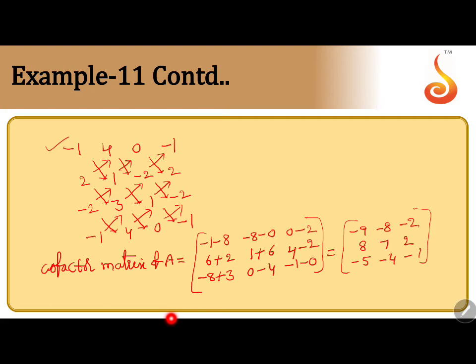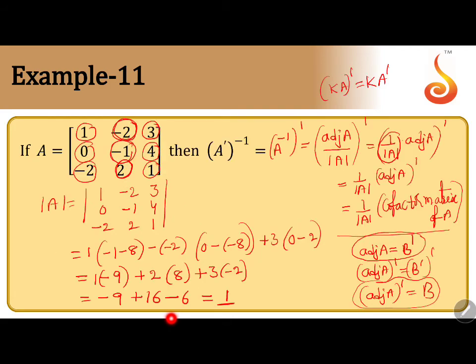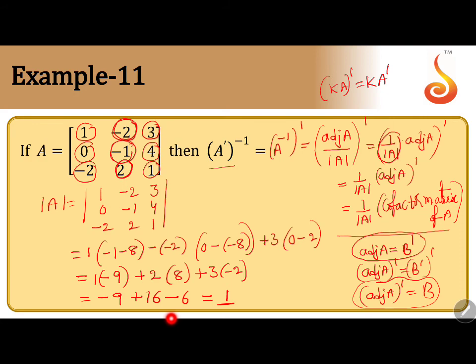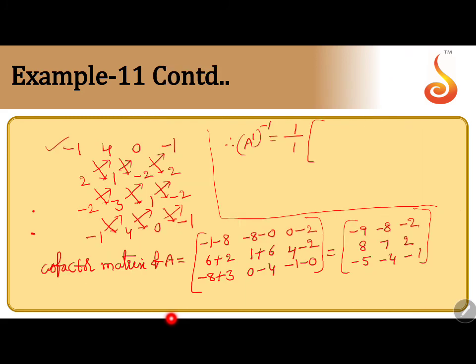This is the cofactor matrix. What is our requirement actually? (A')^-1, that is the same as 1 by det A into the cofactor matrix of A. So finally, (A')^-1 is equal to 1 by det A, that is 1, into the cofactor matrix of A, which is minus 9, minus 8, minus 2, 8, 7, 2, minus 5, minus 4, minus 1.